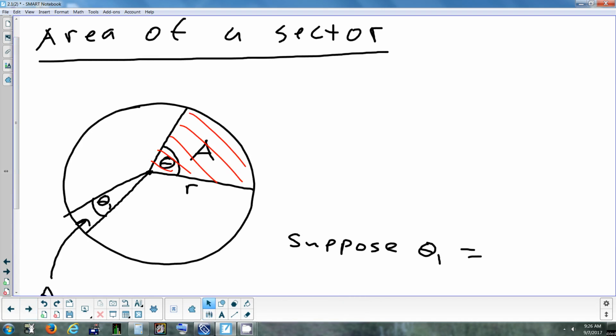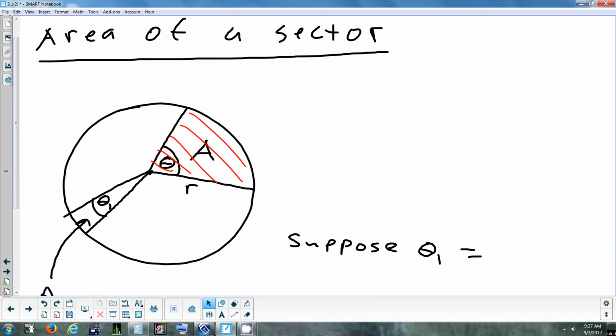So I have an angle theta, and then the area of that arc, another angle theta 1, and then the area of that arc. Now, I'm going to start out with the same question I did with the last formula. If you double the size of this angle, what do you think would happen to the size of this area?